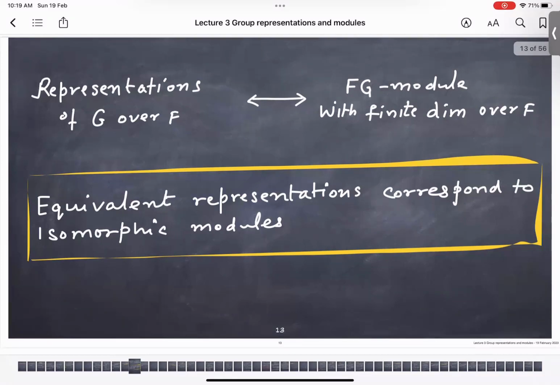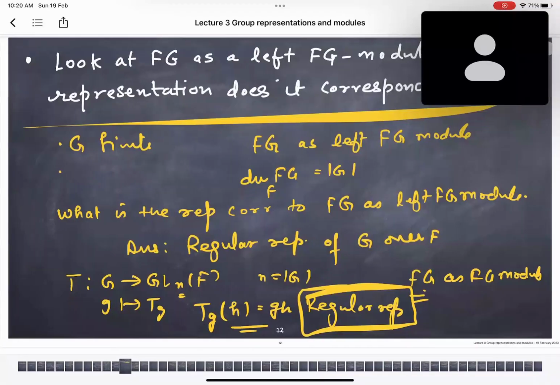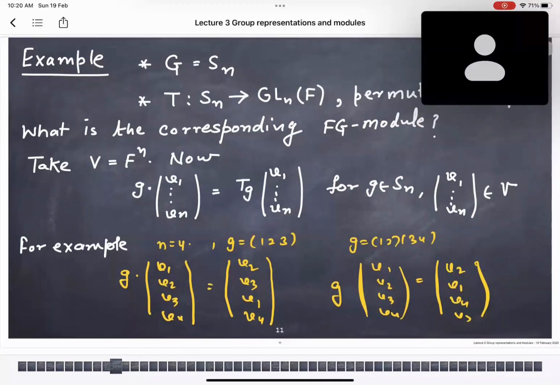Go ahead. So in the 11th slide, ma'am, where you have taken a cycle, where G operated on V1, V2, V3, V4, where you have taken G as the 3-cycle (1 2 3), how do you do this computation?